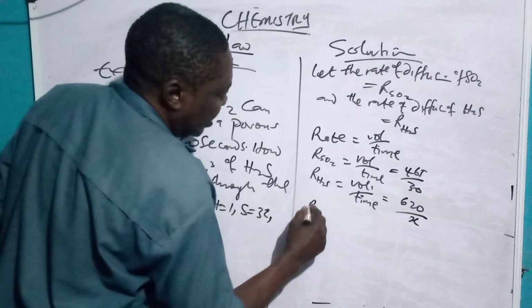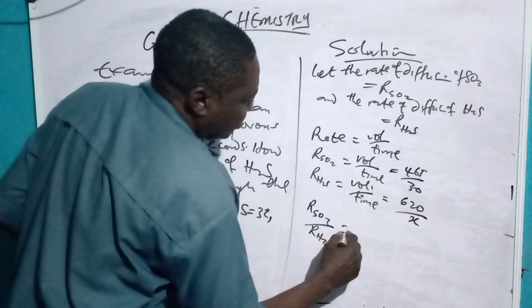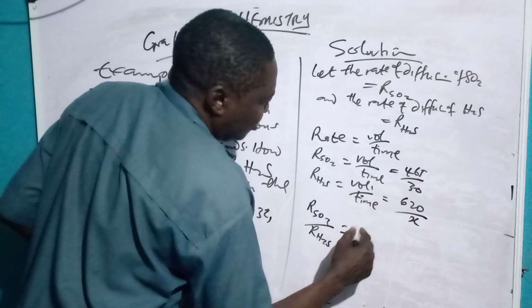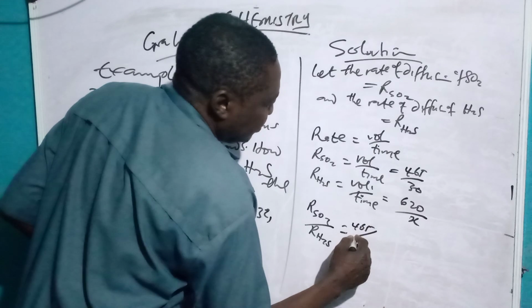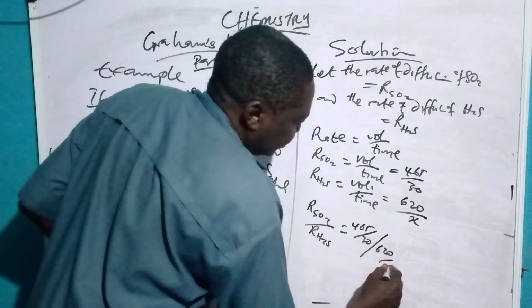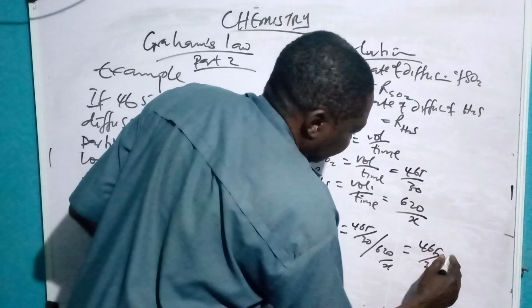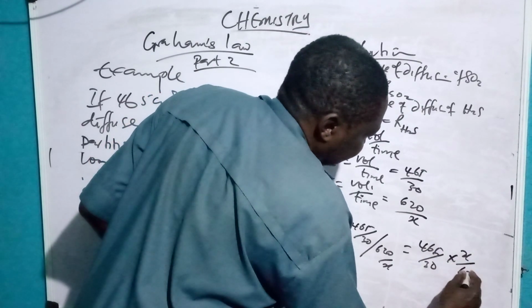We now say R_SO2 over R_H2S equals volume over time over volume over time: 465 over 30, everything over 620 over x. This gives us 465 over 30 times x over 620.